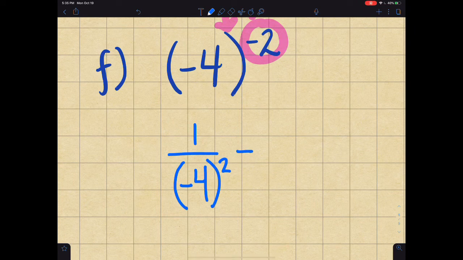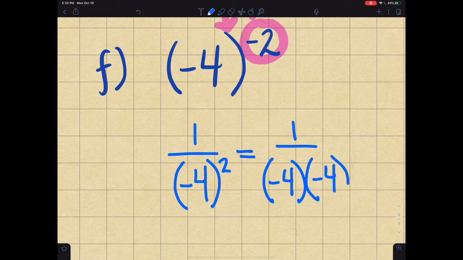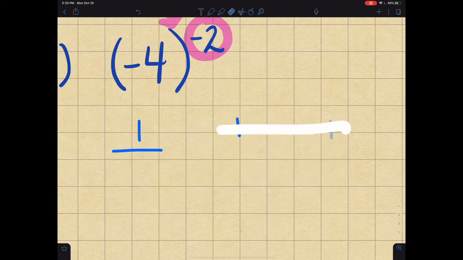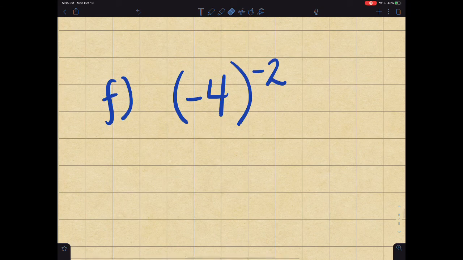And then I realize that this is going to be 1 over negative 4 times negative 4, which is 1 over a positive 16. So we just did that before. Okay, so now I'm not going to get it wrong because I've got my way of doing it on an ACT test. Your friends are not going to do it that way, so they're going to get it wrong.